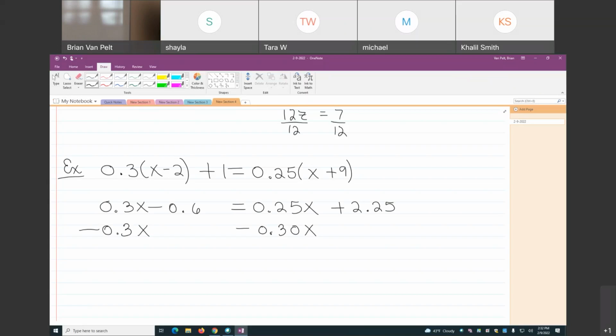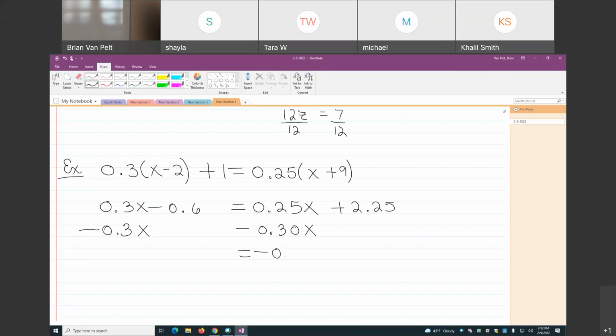Why in the world would I do that? Because 0.25 minus 0.3 is equal to negative 0.05. Take your calculator and go.